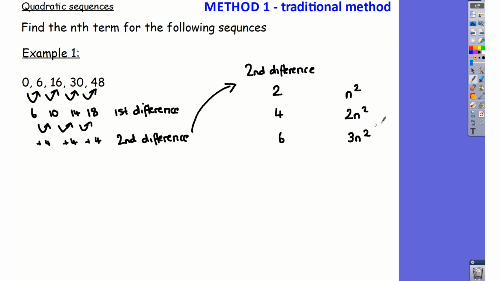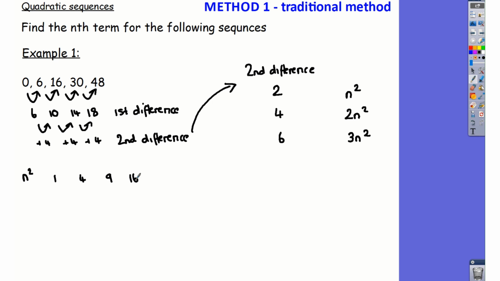Now we need to figure out what is going to continue after that. So I'm just going to write out what the sequence 2n squared would be. So if I think about n squared itself, it's pretty straightforward. My first term in n squared would be 1, because 1 times 1 is 1. Second one would be 4, 2 squared. Next one would be 9, 3 squared.